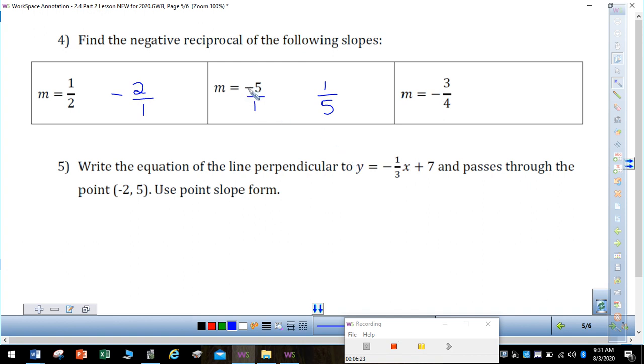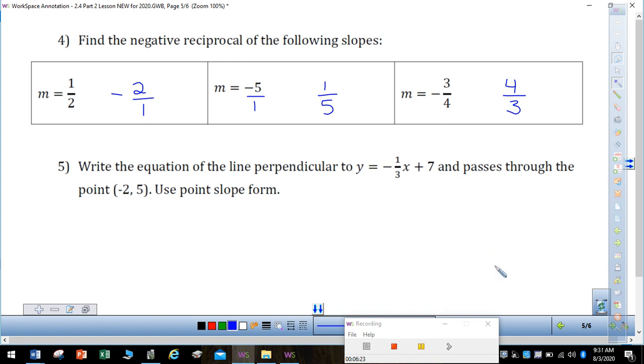It already has a negative sign in front. So if you think about putting another negative in front of the negative that's already there, it's going to make it positive. We don't actually need to write the little plus sign there, but we'll just keep it as positive 1/5 is technically the negative reciprocal of -5. For the last one here, the negative reciprocal of -3/4 is positive 4/3.